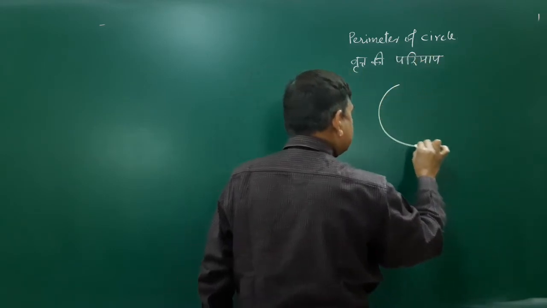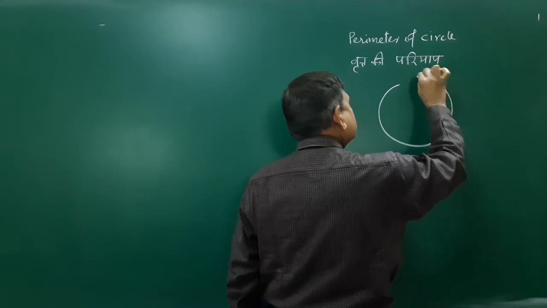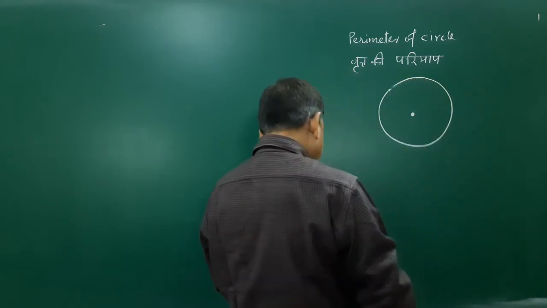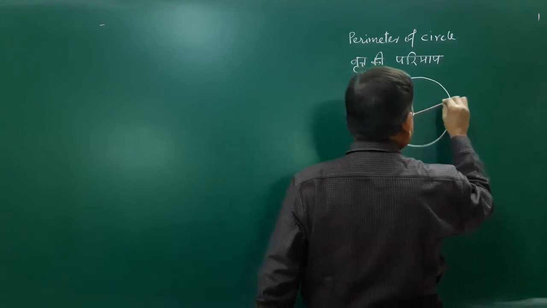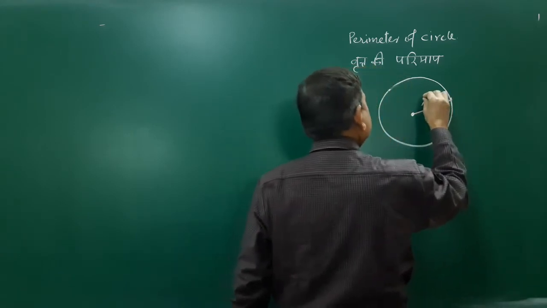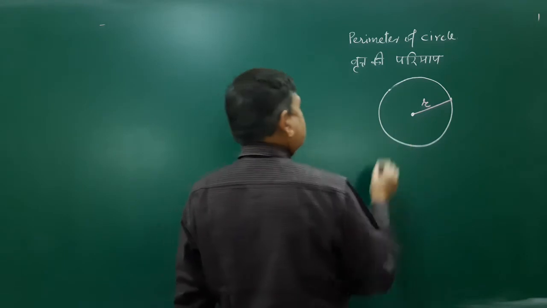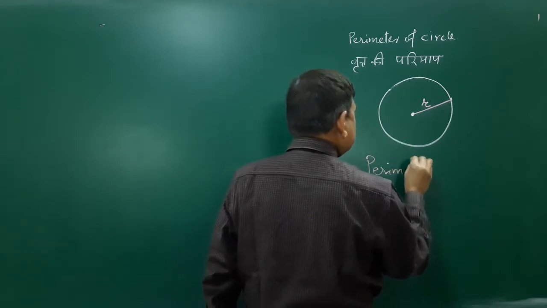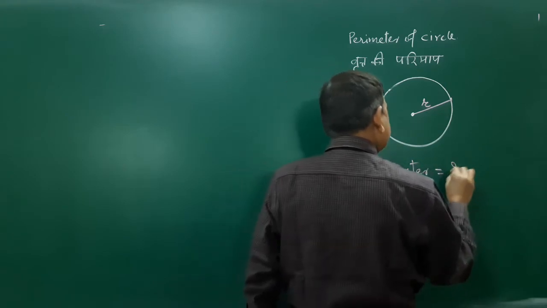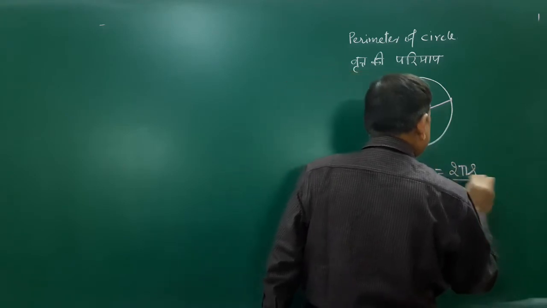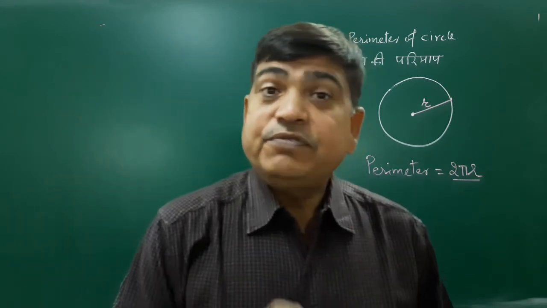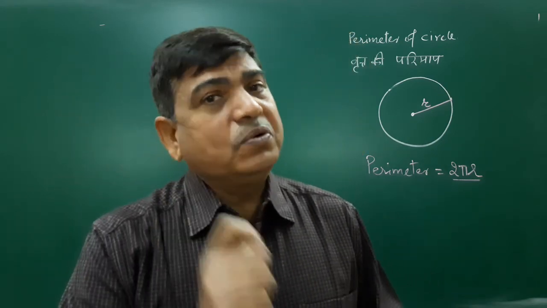Suppose this is a circle and its radius is r. Then its perimeter is 2πr. ये जो सूत्र है, ये फॉर्मूला जो है हमने लोअर क्लासेस में पढ़ा है.